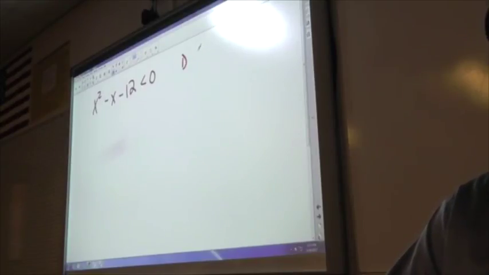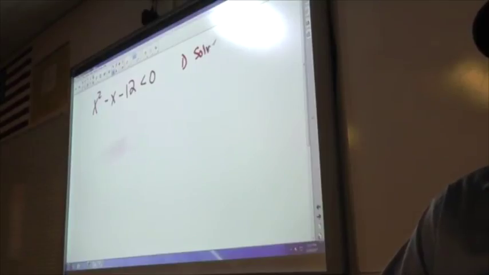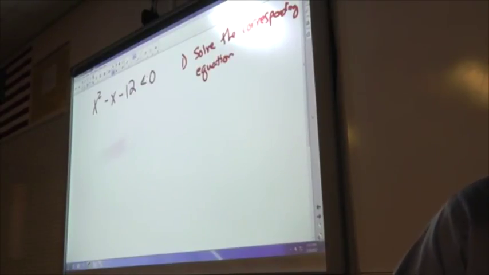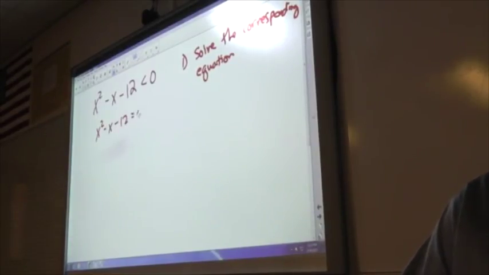Step 1, panic, is solve the corresponding. This is a little bit different than usual. Solve the corresponding equation. Is this an equation? No, it's an inequality. So the corresponding equation would be x squared minus x minus 12 equals 0.